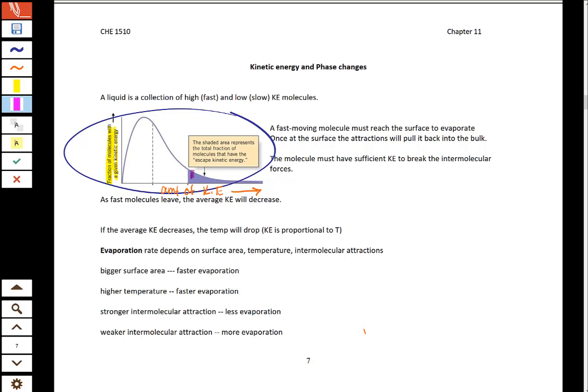This shaded part here is the molecules that are moving fast enough to escape from the liquid and move into a gas.